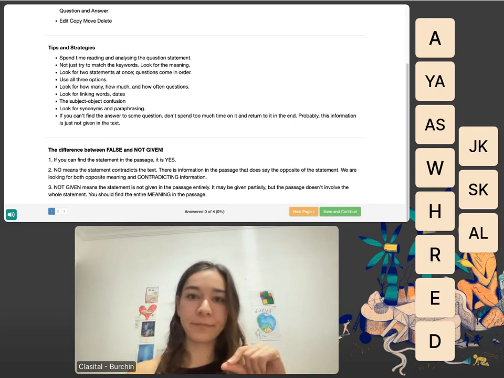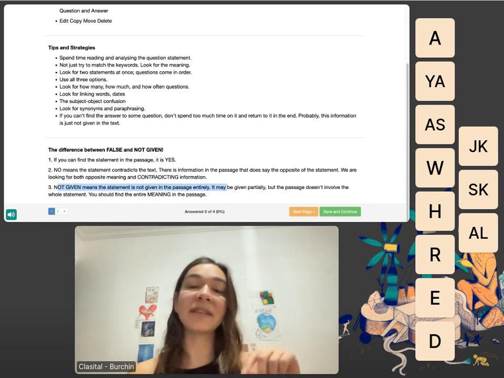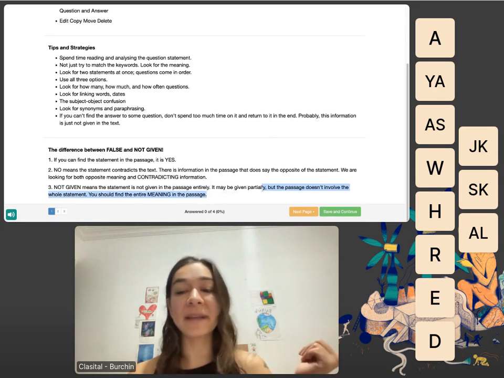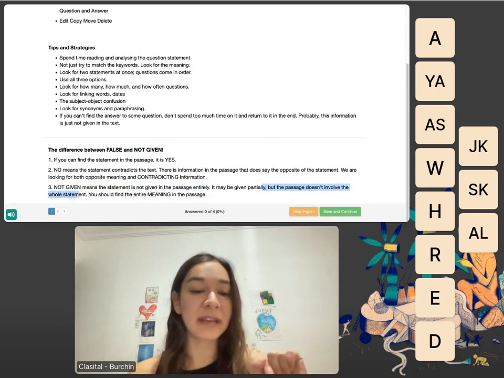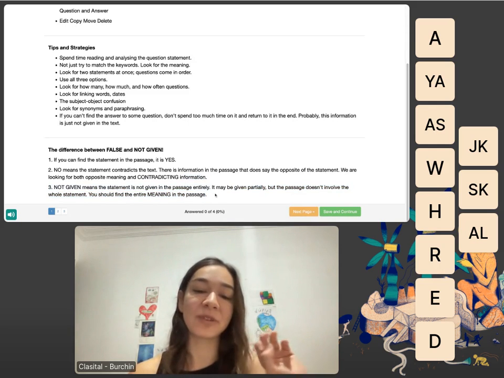And not given means the statement is not given in the passage entirely. It may be given partially, but the passage doesn't involve the whole statement. You should find the entire meaning in the passage.